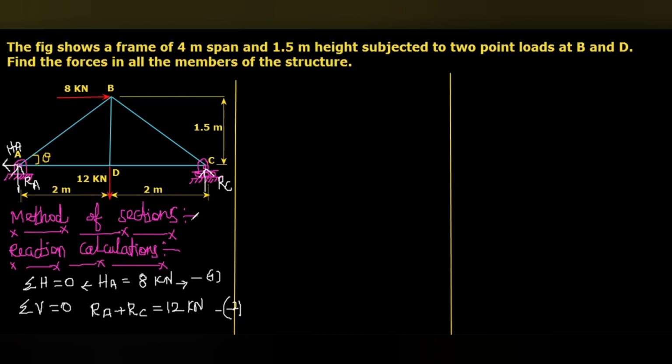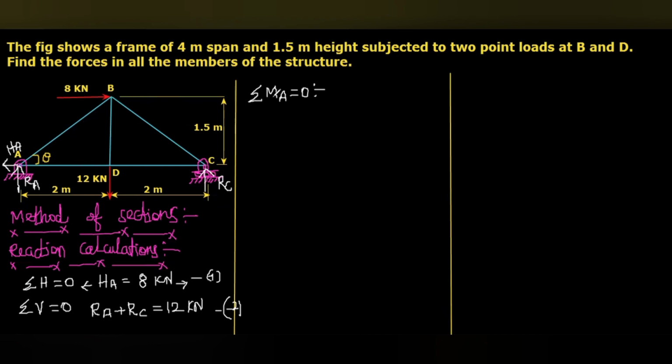Then, third principle of equilibrium. Take moment about any point equal to 0. Here, take moment about the point A. And that should be equal to 0, since if the truss or this frame is in equilibrium, each joint should be in equilibrium.